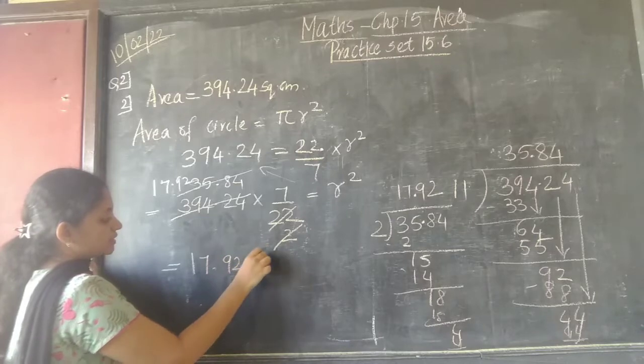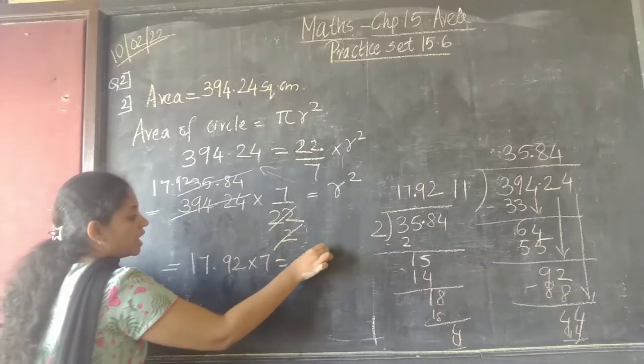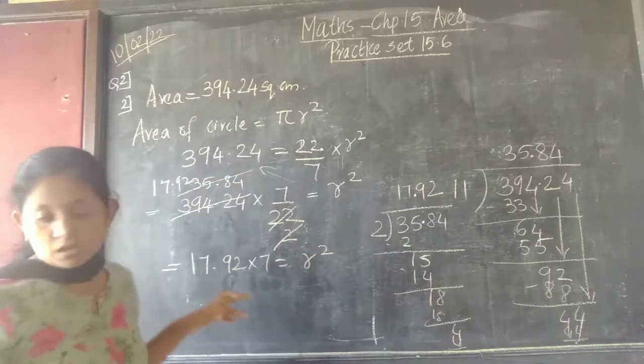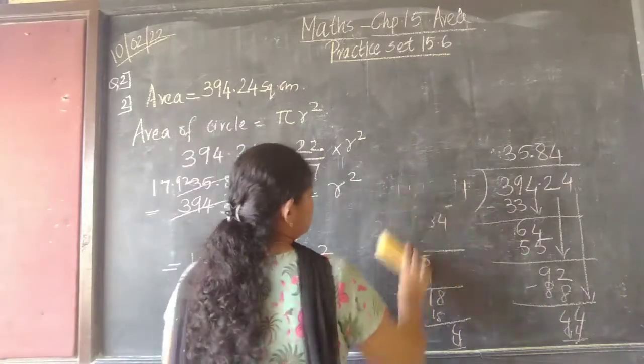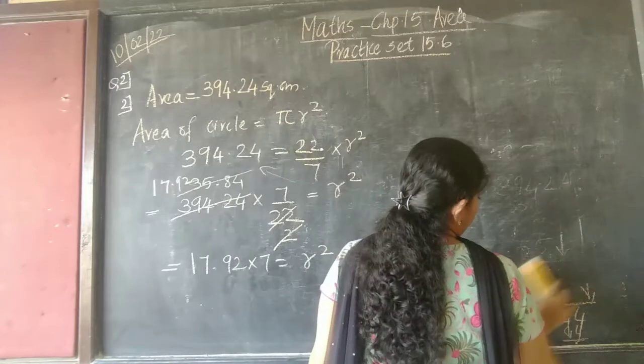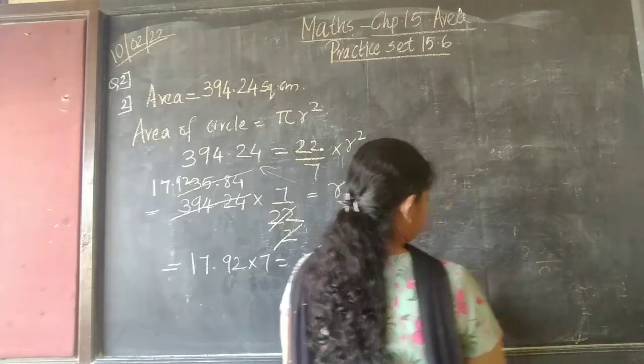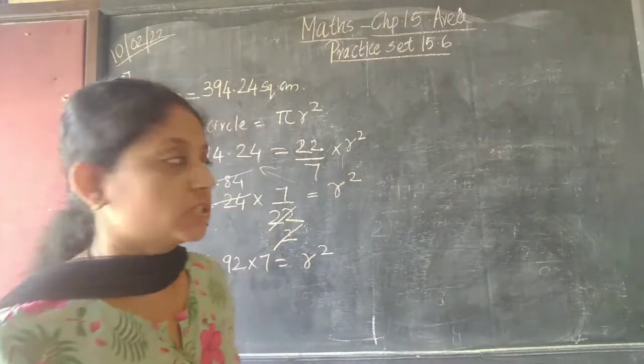17.92 into 7 is equal to r square. Now just check how much you are getting. So it is a decimal point, students, so you have to be very careful with the calculations. Okay.